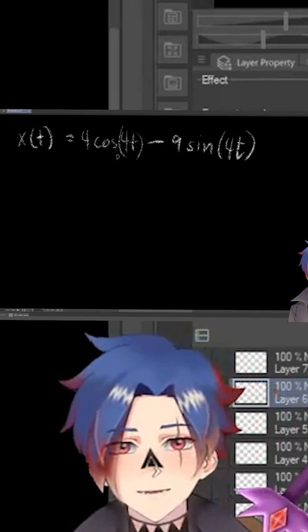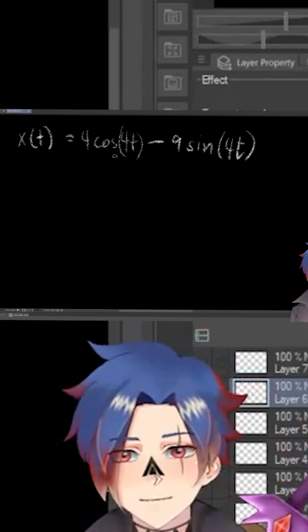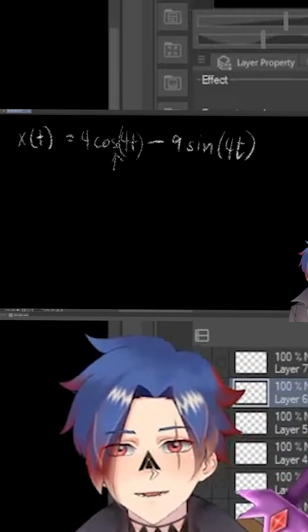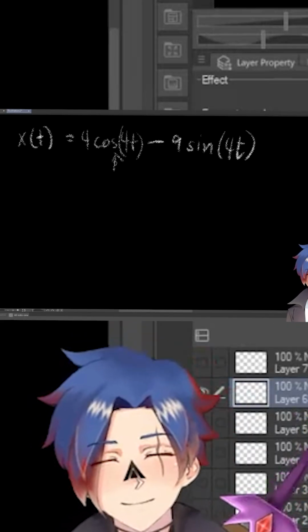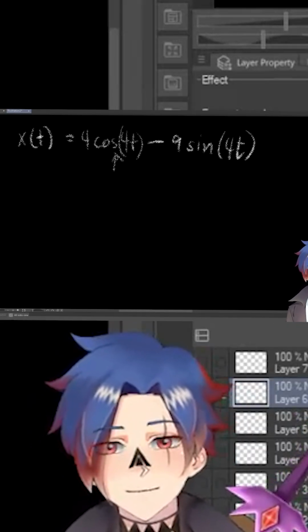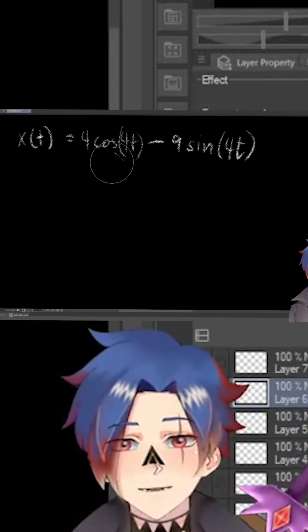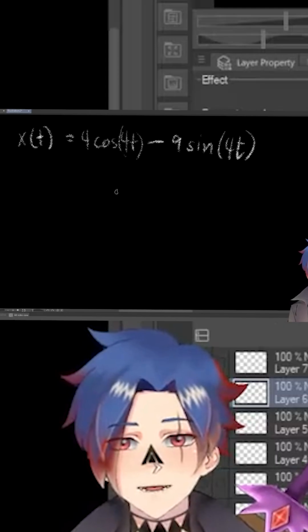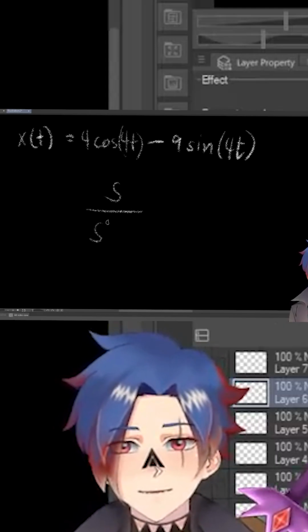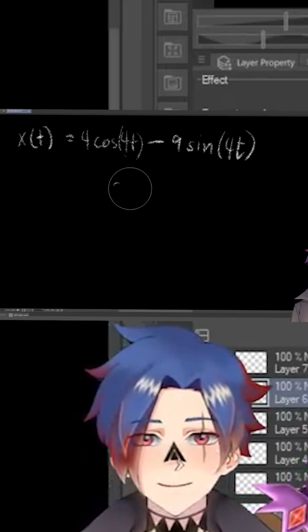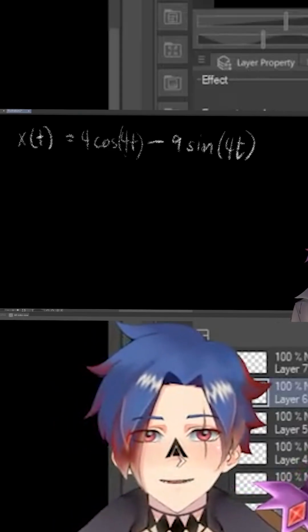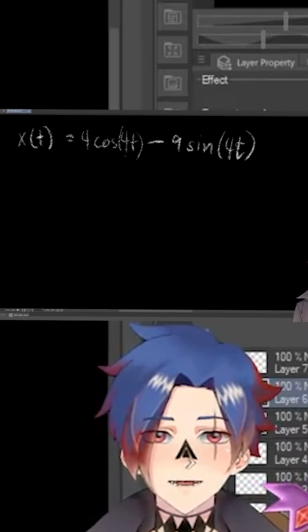The reminder for myself is that cosine has its numerator as s. I don't make the rules, but that's how I remember it. So cosine has the s, s squared plus a squared, and sine actually uses our numerical coefficient.